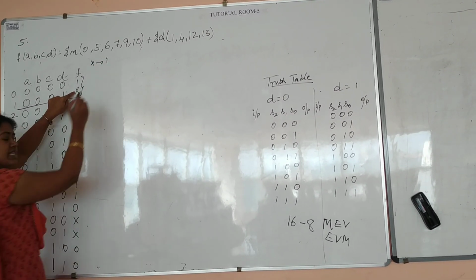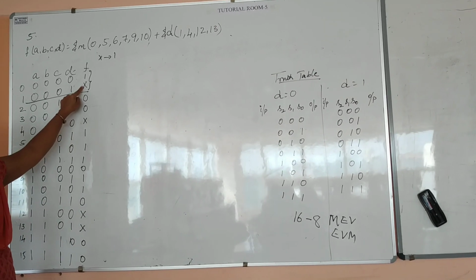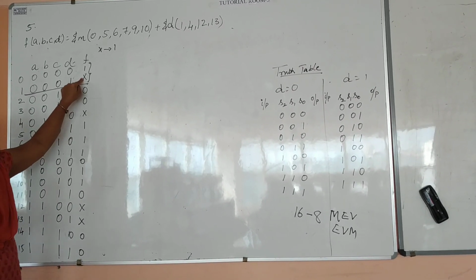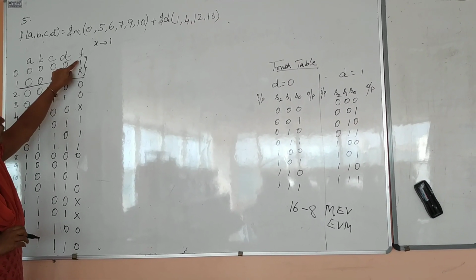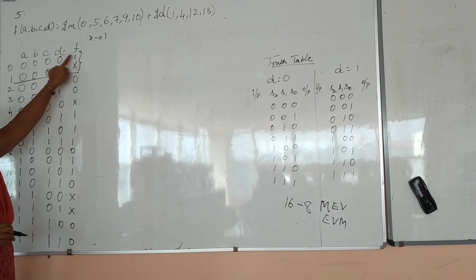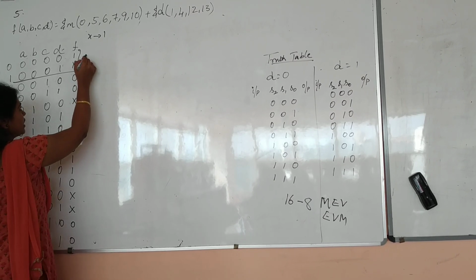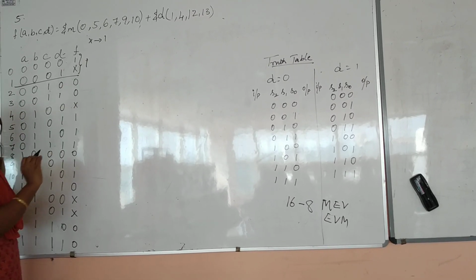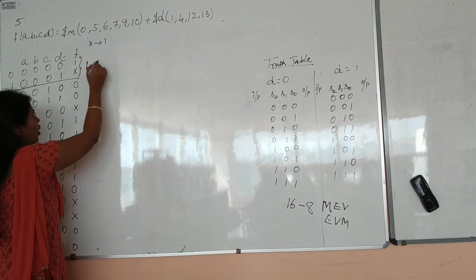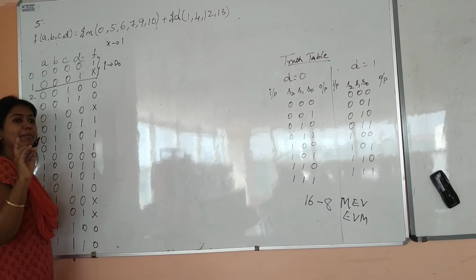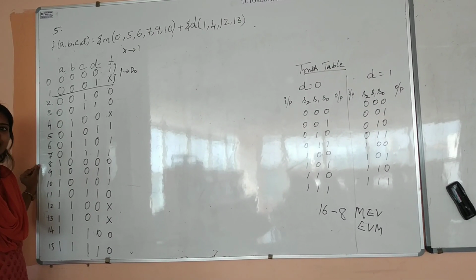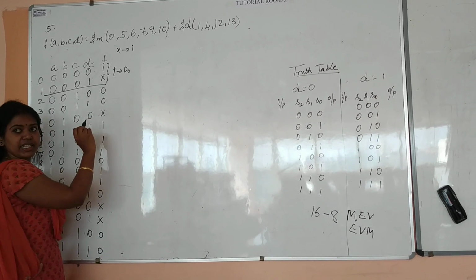It can be considered as 0 or 1, but let us consider it as 1 for uniformity. So here also 1, here also 1. F is not depending on D, so you can reduce these two to 1. This will be your D0, the first input for your multiplexer, which in theory we called I0. Any representation you can use.